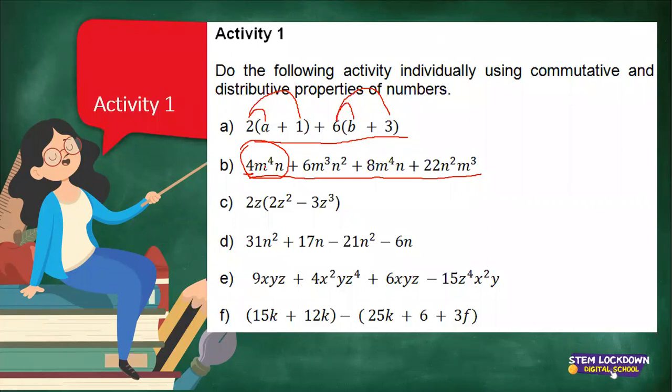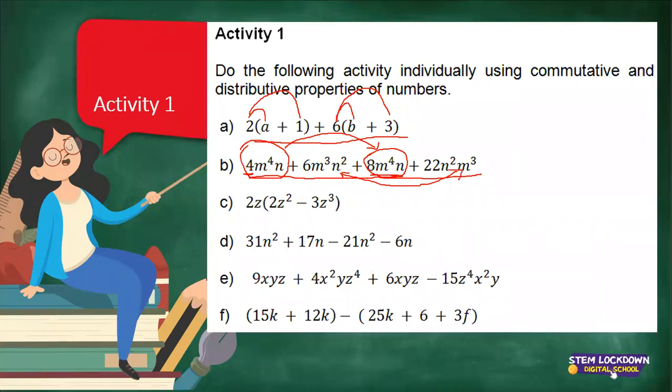Let's see if there's another m to the power 4 n. There it is, m to the power 4 n. So these go together, and then we have m to the power 3 and n to the power 2. Now notice n to the power 2 and m to the power 3, both these are the same, right?